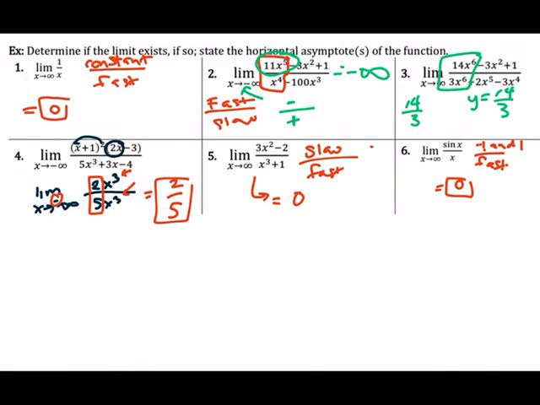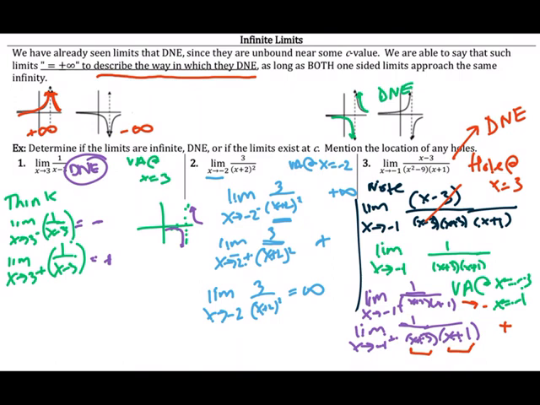We identified those vertical and horizontal asymptotes. Then we talked about limits as we go to infinity, or as the limit goes to infinity because of a vertical asymptote or something else going on in the graph. And we talked about how you can describe a limit that does not exist using positive or negative infinity if both the left and the right side are going towards the same infinity.